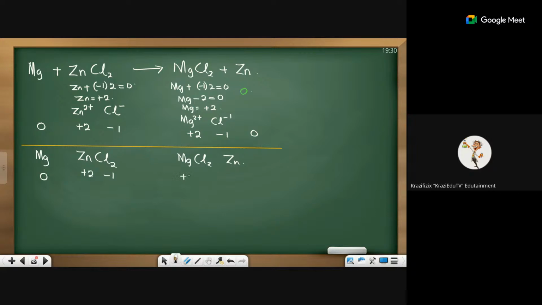Magnesium, +2. Chlorine, -1. Zinc, 0. If I were to write all these elements out, let's use a table. Mg. Let's see if a table will work for you before and after. And then we'll write what's going on.